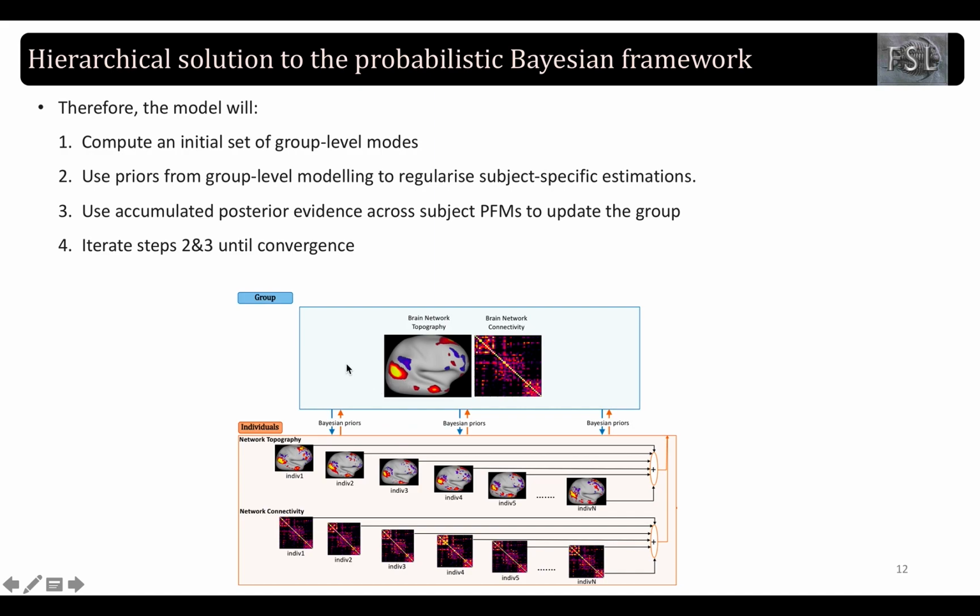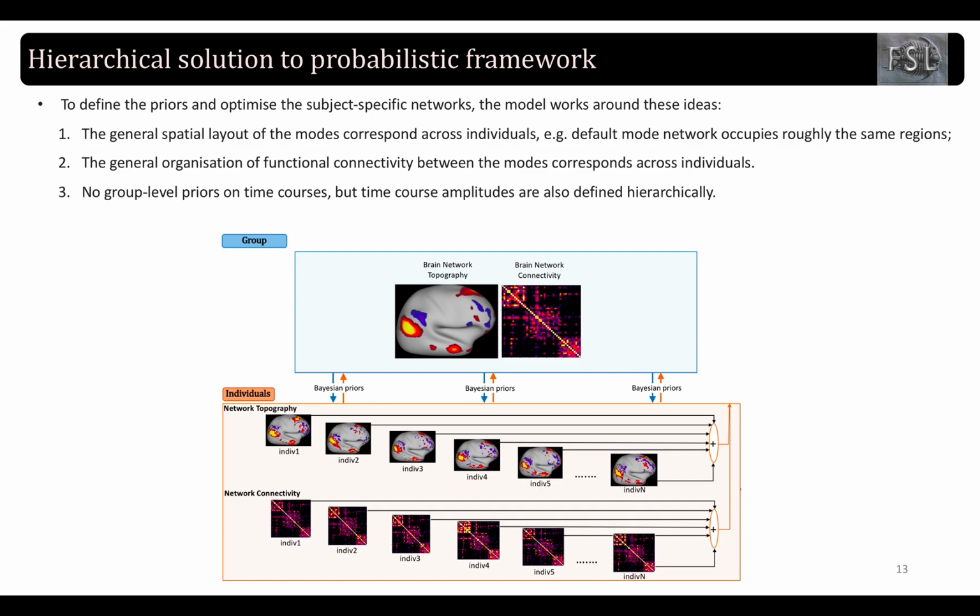Therefore, we have built a hierarchical model with two levels, group and individuals, where the two levels are linked via Bayesian priors. To define the priors and optimize the subject-specific networks, the model works around the following ideas. Firstly, it assumes that the overall architecture of the spatial topographies of the modes is consistent across individuals.